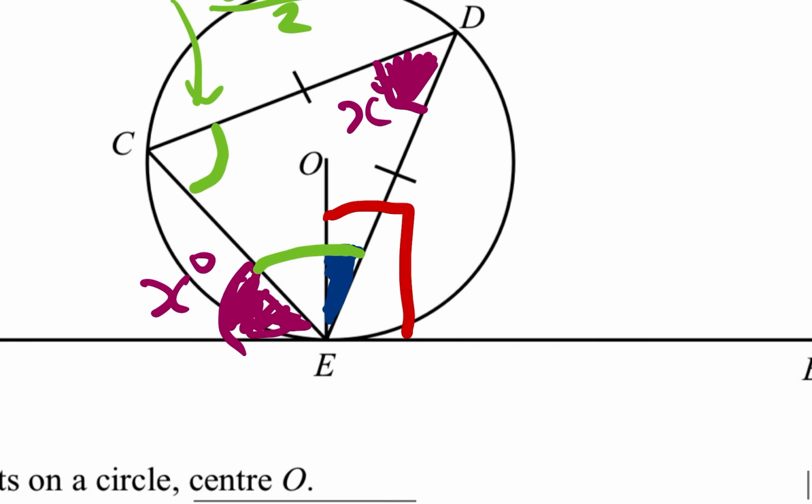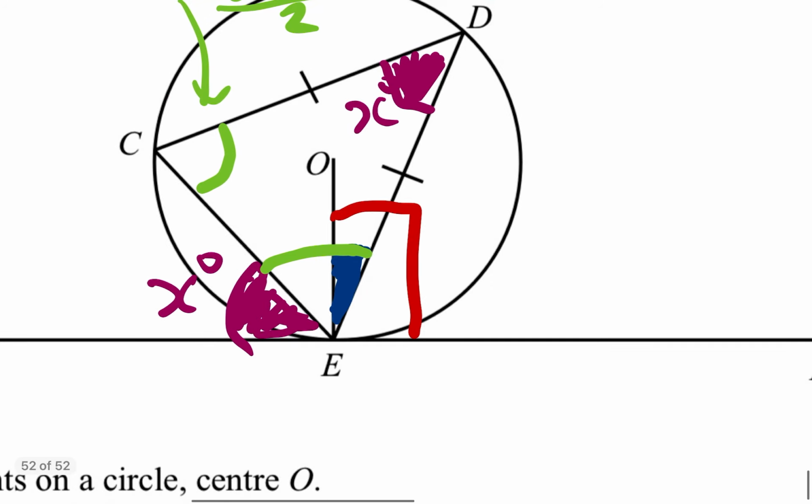We know this whole angle here, and we want to know the bit in blue. So where can we go from this? We also know that angle OEB is a right angle, the part I've got in red here.